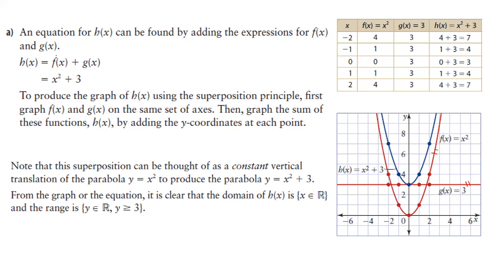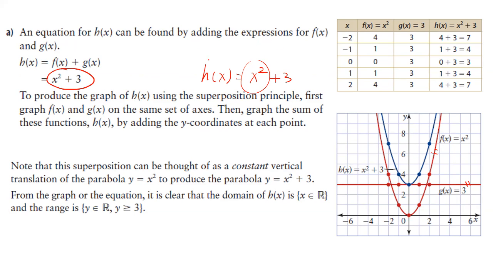Second, you can also use the second method, in which we can directly analyze the new function. The new function h(x) is x squared plus 3, right? So this is just the function y equals x squared translated up by 3 units, right?